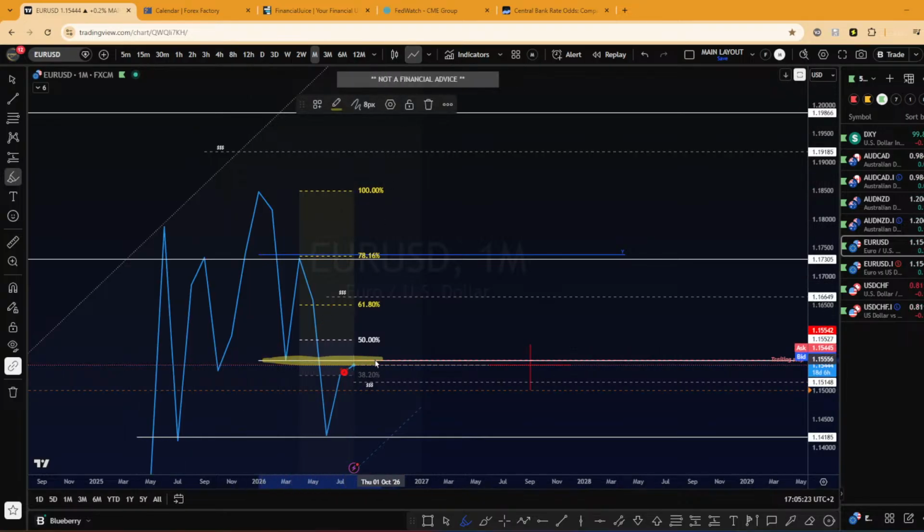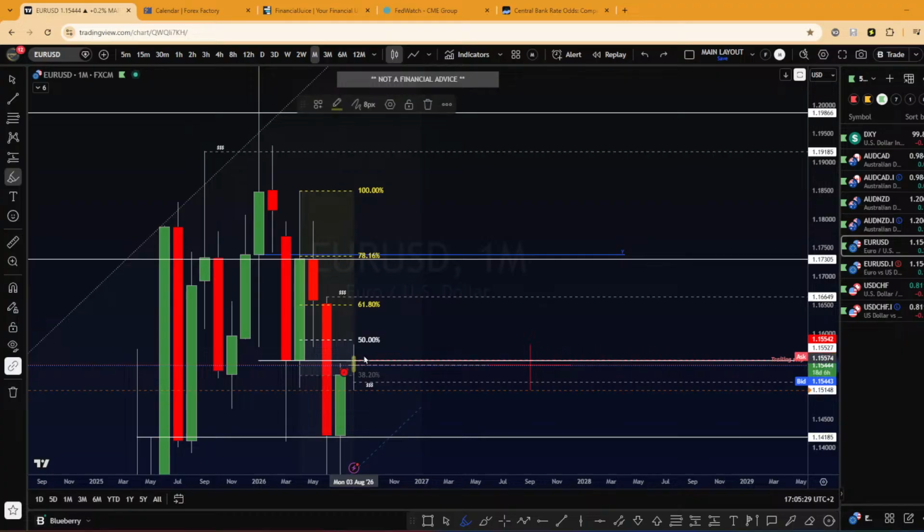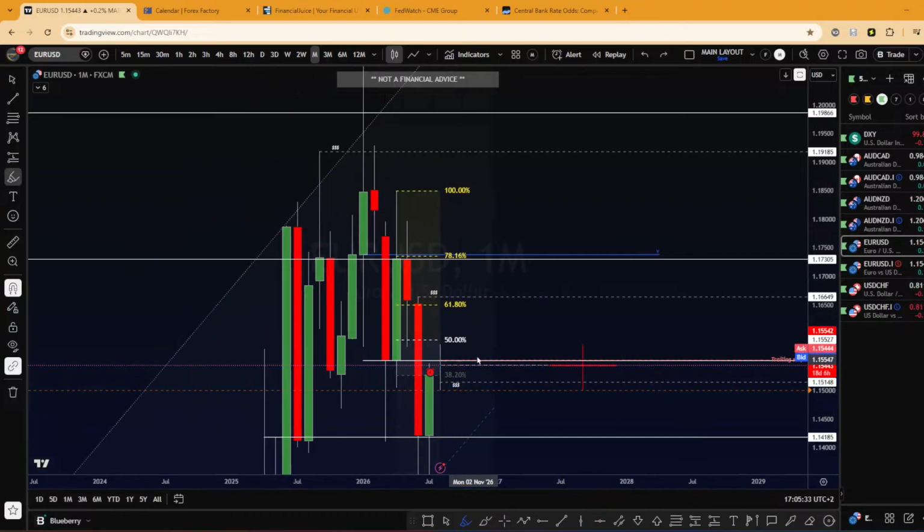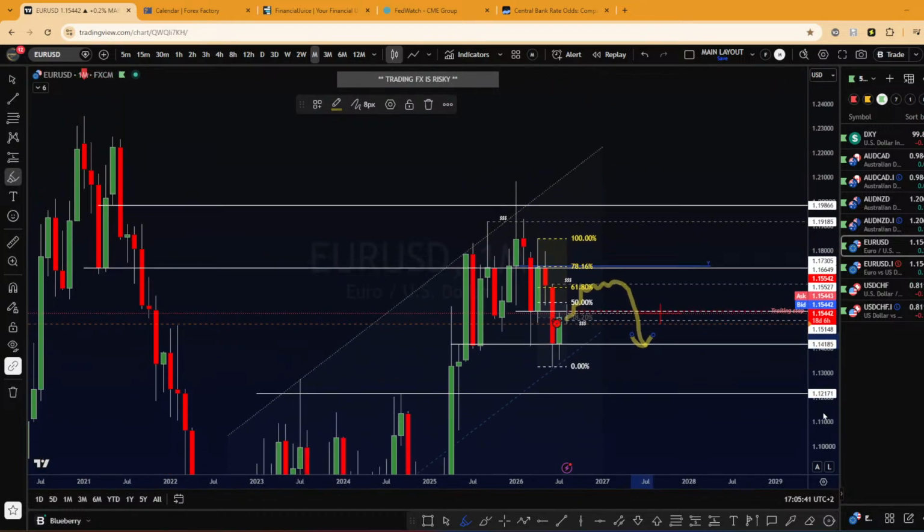This is a resistance which is holding price right now. Having a rejection here will be okay, but I will not be surprised if price wants to reach a certain premium zone first before dropping again.